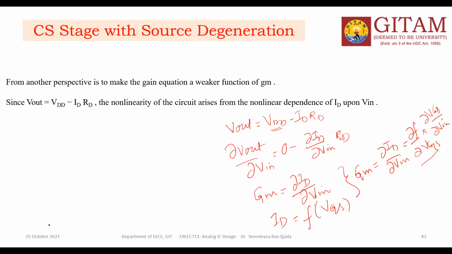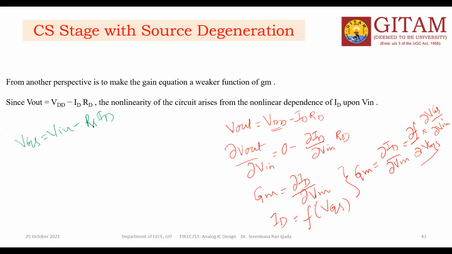Now, I can write VGS, the gate to source voltage, is equal to input voltage V in minus RS into ID. This is also from the circuit. Gate to source voltage of the NMOS device is equal to input voltage minus RS into ID.